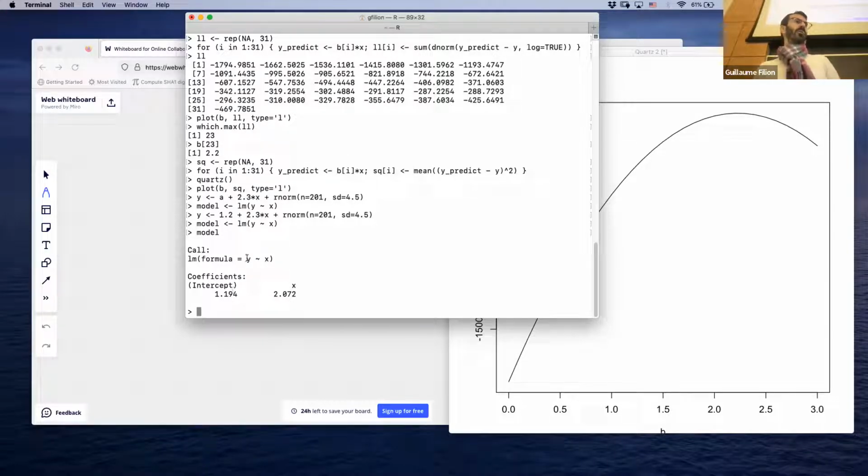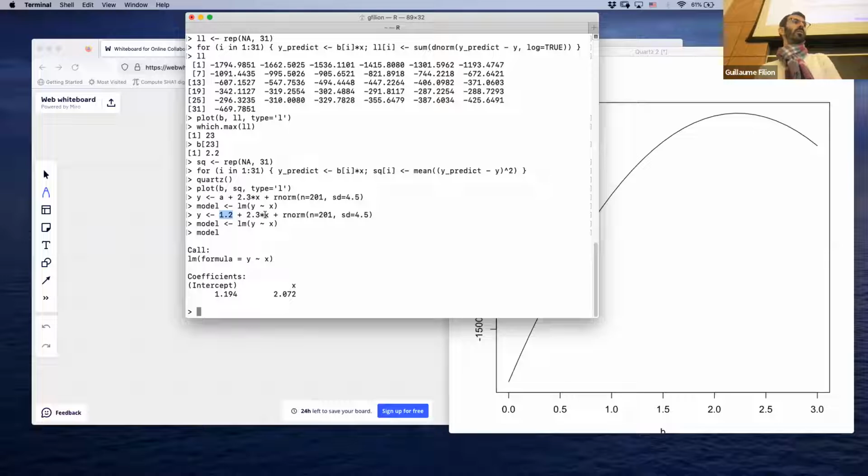It says that the formula is that y is a linear function of x of the form a plus bx plus a random Gaussian noise, and I get the coefficients, which is most of the time the information that I want, like 1.194 for the intercept. You can see that this is quite close to the actual one. The actual was 1.2 and it says 1.19, not bad.